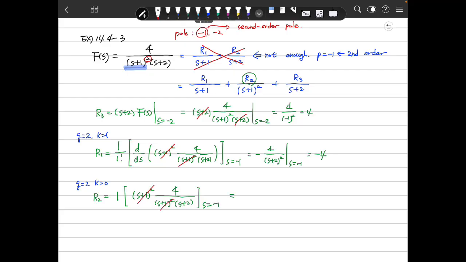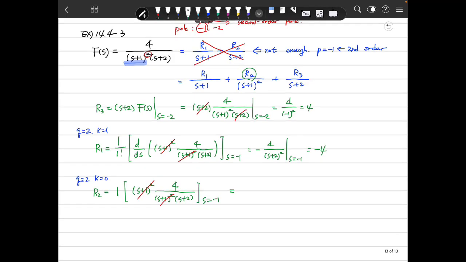They eliminate each other, and the result will be 4. So R1 is minus 4, R2 is 4, R3 is 4.